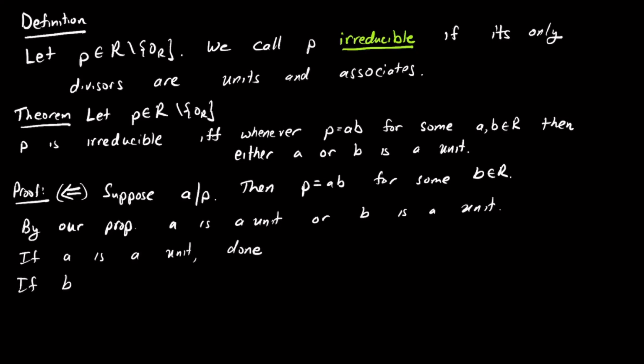If B is a unit, then I have that A is an associate of P. Why is that the case? Well, it's because, again, I have P is equal to A times B, and I could write A as P times B inverse. So I have that A is an associate of P. Okay, and that finishes my proof.